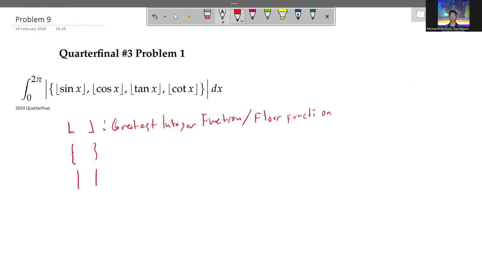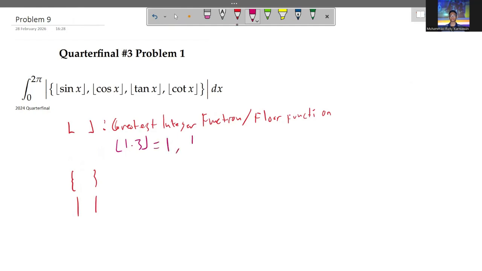So what does it actually do? It returns the integer that is lower than or equal to the number. So for instance, the floor function of 1.3 is 1.